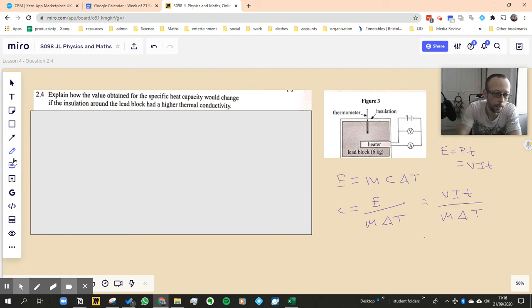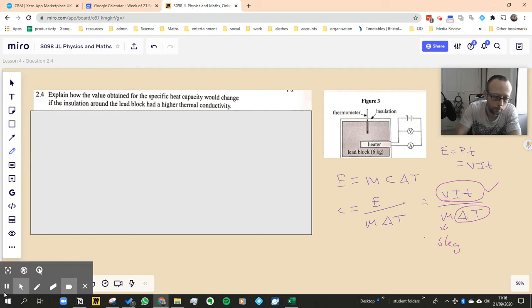Now that top bit, voltage times current times time, we worked that out in a previous question, and that's done. We know the mass to be 6 kilograms, and this is the bit that would cause the problem.